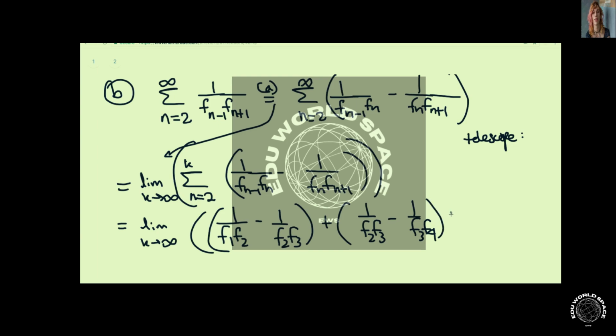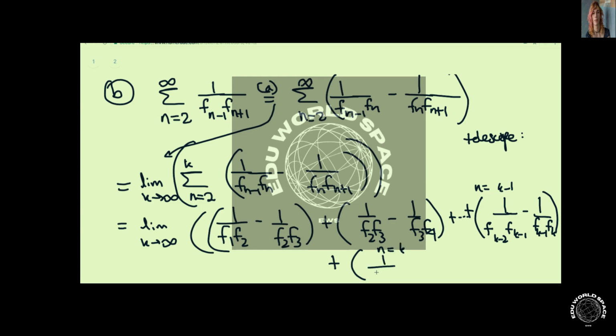And so on, and I would keep going, and then I get to the second to last term when I plug in k minus 1 for n. And then I would add the final term in when I plug in n equals k.